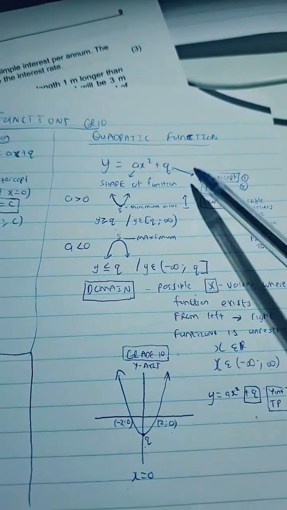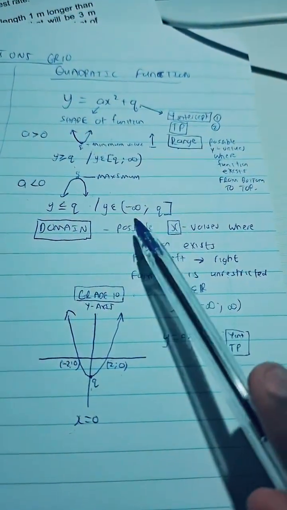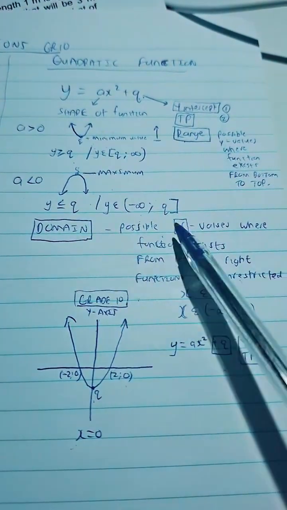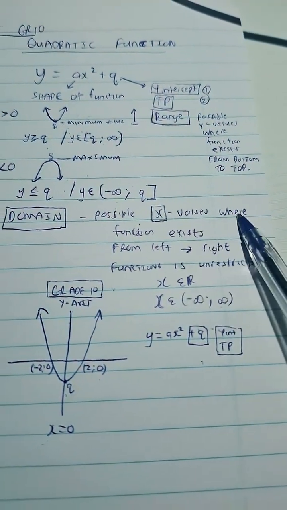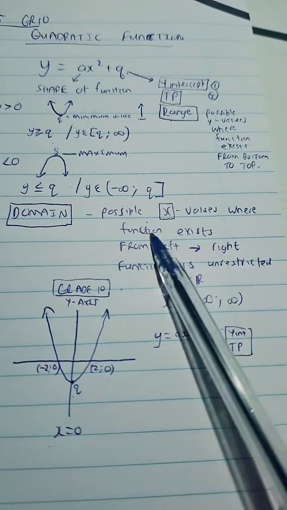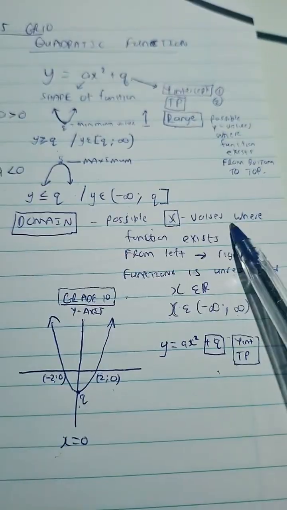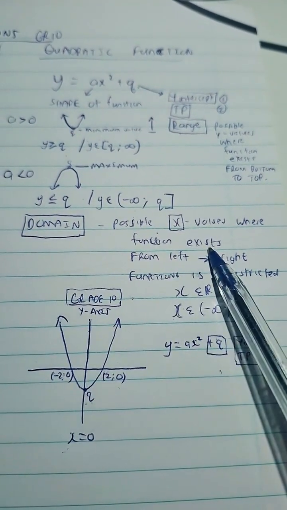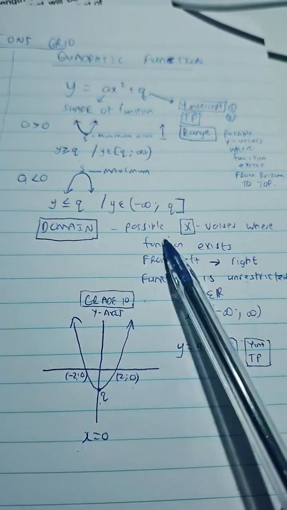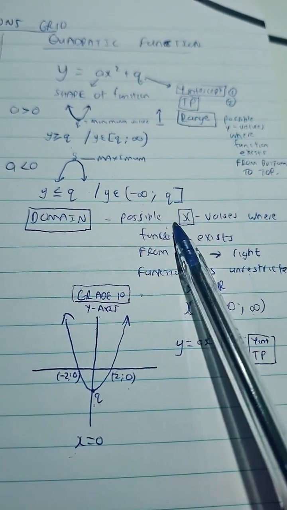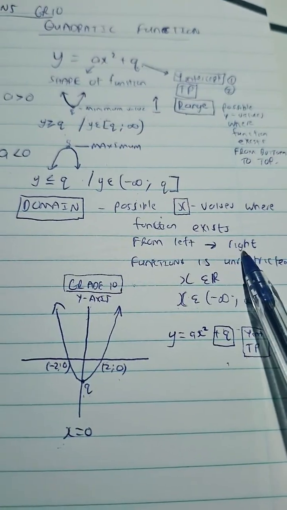Right. Then I spoke about domain. What is domain? Domain is the possible x values where the function exists. I repeat, domain is the possible x values where the function exists. We know that the function will exist from left to right for our domain, because x means from left to right.